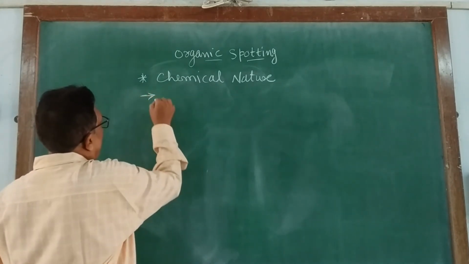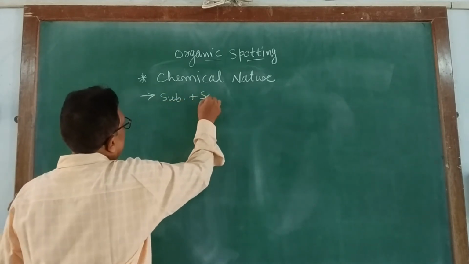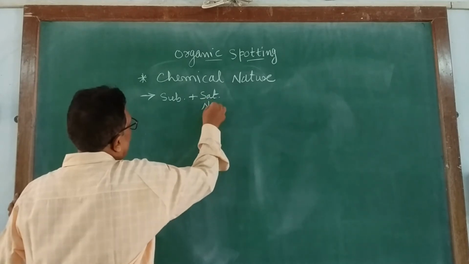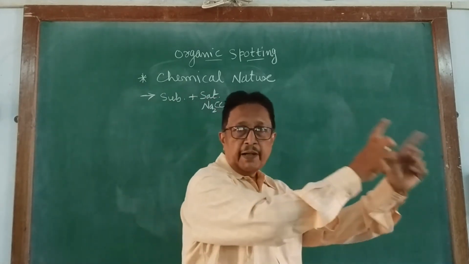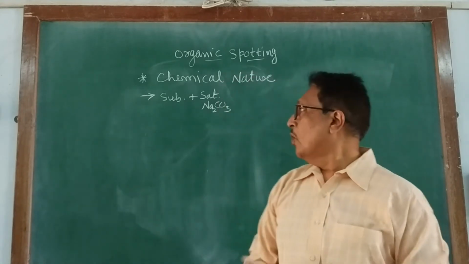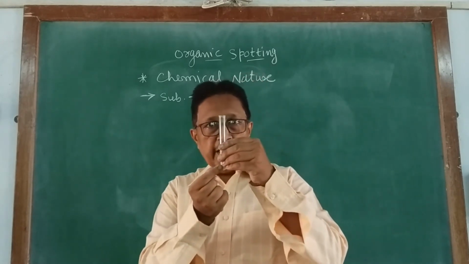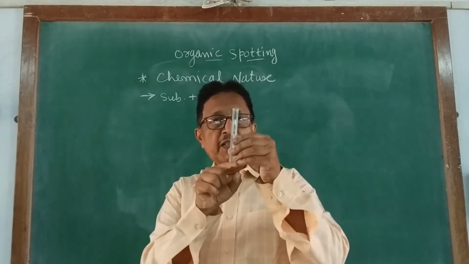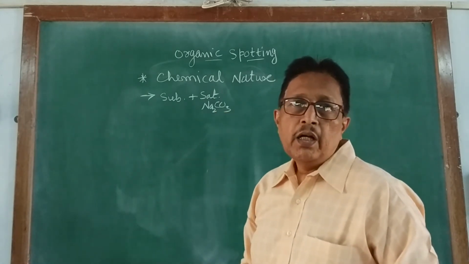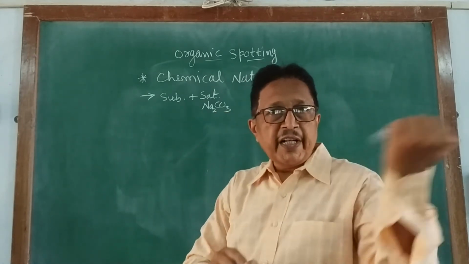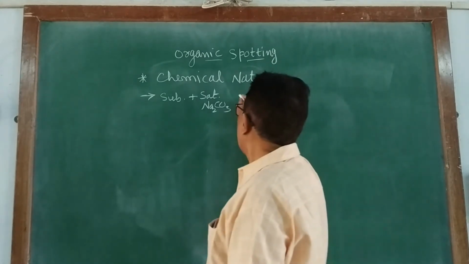So the first test is substance plus saturated sodium carbonate solution. Sodium carbonate solution is kept in the side reagent. So take the test tube, take the substance, this much amount, and add saturated sodium carbonate and shake it well. Now again, two possibilities are there.